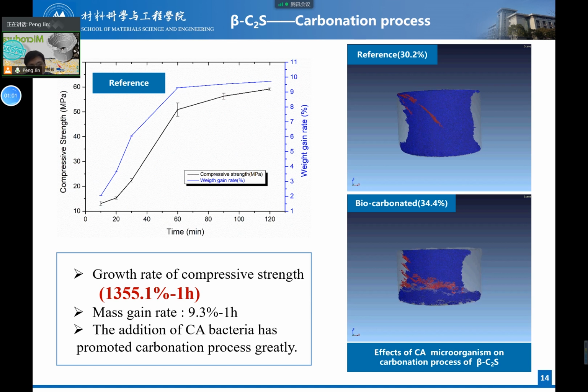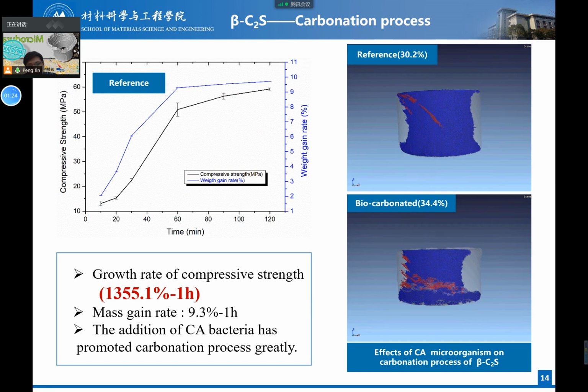With the addition of carbonic anhydrase bacteria, from those 2 micro-CT images, the carbonation depth was increased from 30.2% to 34.4%.